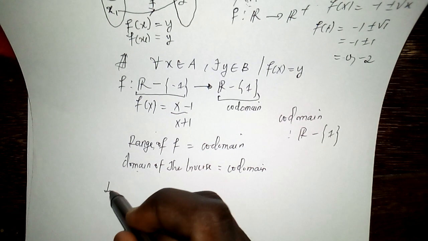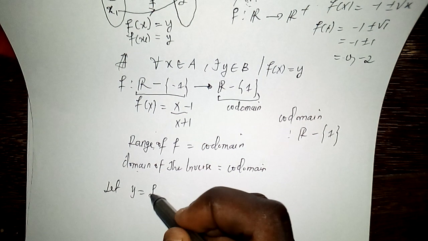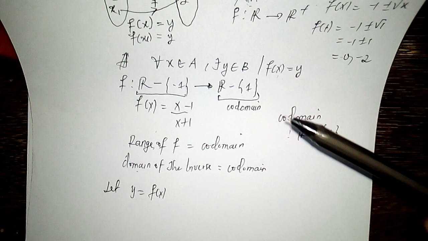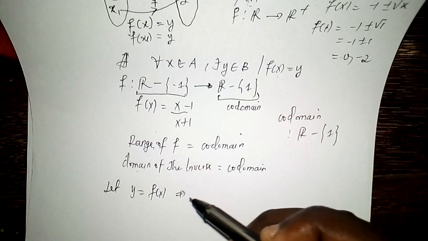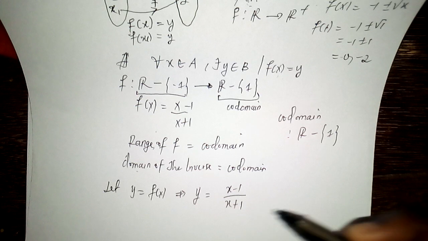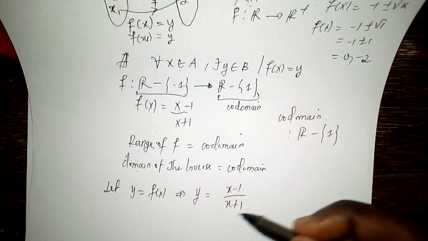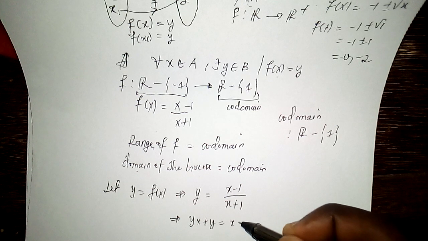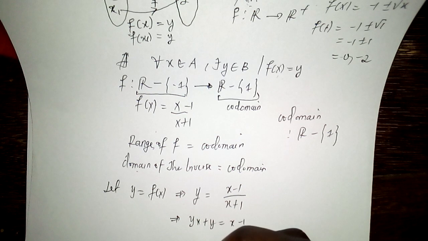I start by letting y be equal to f of x. Even per my definition, we see that y will be equal to f of x. Okay, so this means that y will be equal to x minus 1 divided by x plus 1. So I cross multiply, I'm going to get yx plus y is equal to x minus 1. I look for the value of x.